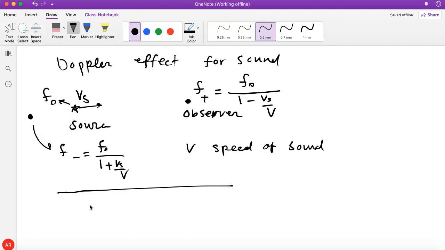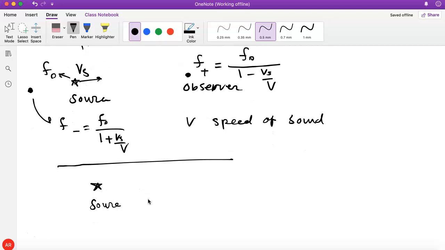We also considered another case where the source is stationary and the observer moves, for example, toward the source with speed VO, or V observer. Again, when they're moving toward each other, more wavefronts hit the observer in unit time because it's moving into those wavefronts, and the frequency goes up.